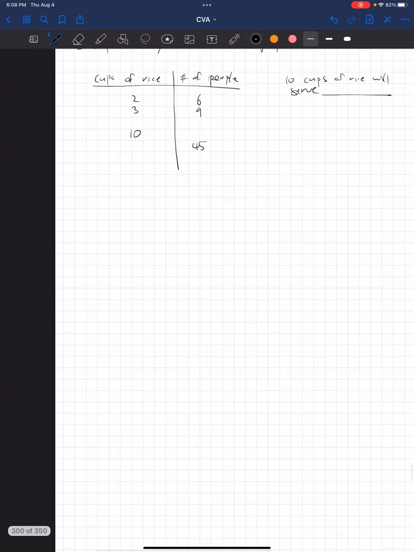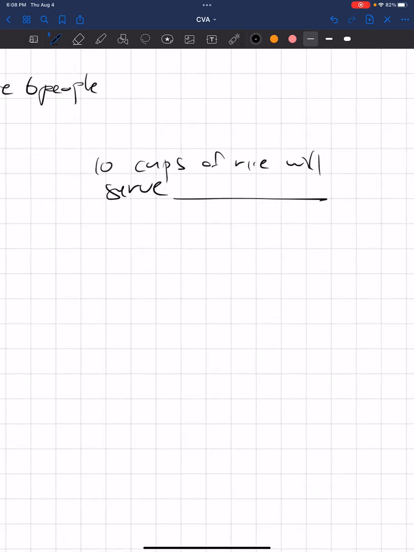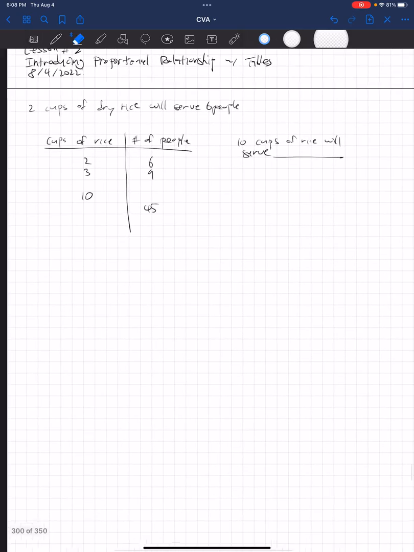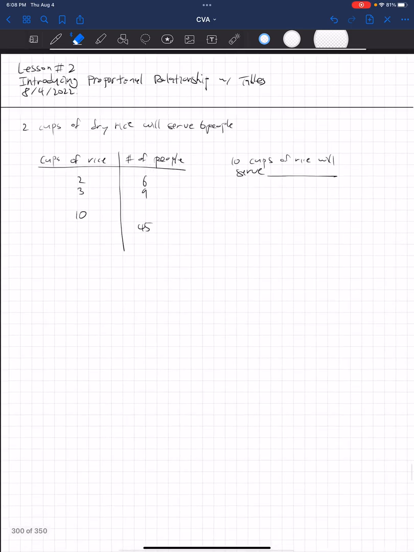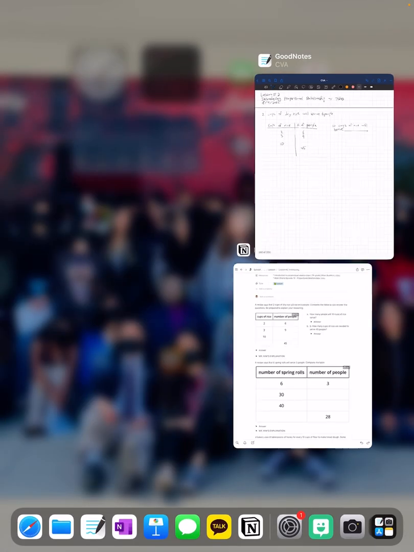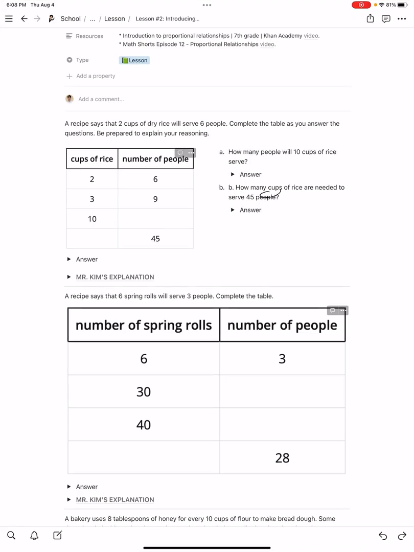When you're summarizing the question like this, you're essentially writing the question down. What I'm trying to emphasize is I don't want you to do extra work that has nothing to do with the actual work. Just write down the information that is relevant to the question and is going to help you solve the problem. And then let's do this one. How many cups of rice are needed to serve 45 people?